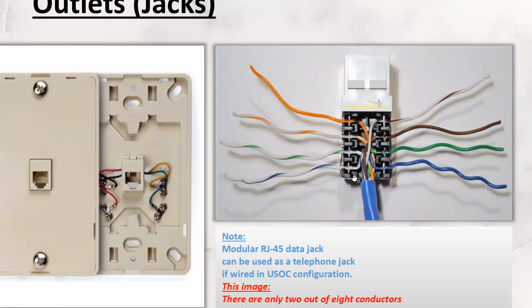Then the next telephone line will be connected to the orange pair, and if you have another jack beside it, you would still connect the orange pair to the blue pair of the jack, because that's where the POTS line is traveling through. The phone that's connected to it is going to look for the signal in the two middle prongs, and the two middle prongs are connected to the blue pair on the jack. So that phone line, no matter what color the pair is, has to be connected to the blue pair of the jack, right? Right. Okay.